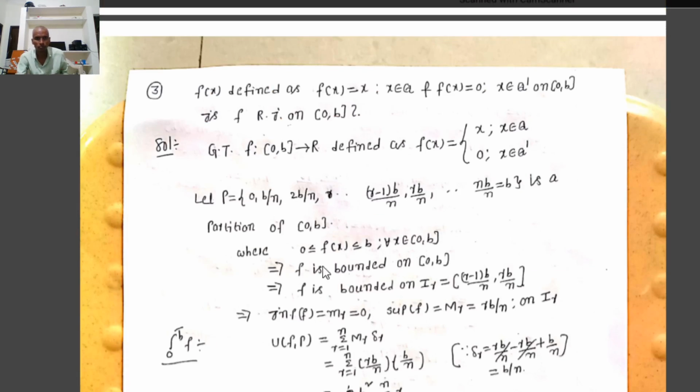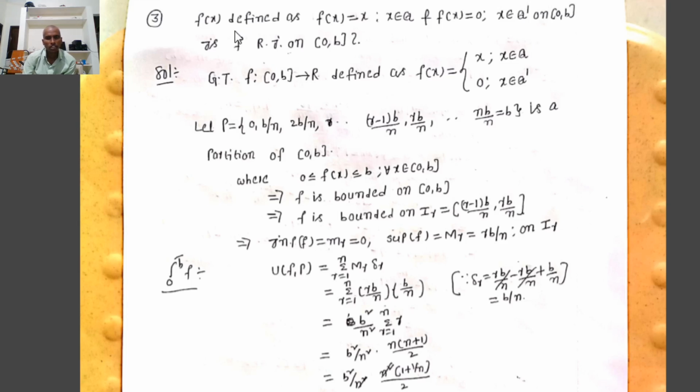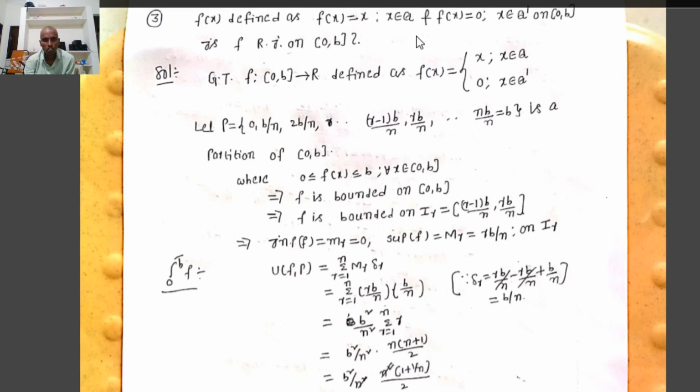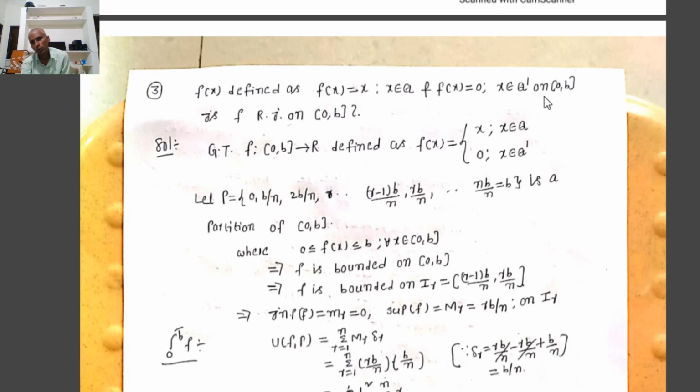Next problem, where the function f(x) is defined as f(x) = x such that x belongs to Q, and f(x) = 0 such that x belongs to Q', on the closed interval [0, b].